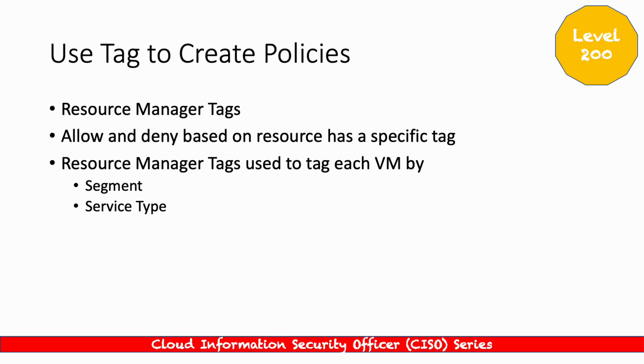What this allows us to do is allow or deny based on whether a resource has a specific tag. So let's say a resource has a specific type of tag. We can use that variable to determine whether we want to allow or deny that traffic, right? The resource manager tags are used in conjunction with the tags that exist on a virtual machine, by either segment or service type, right? Again, more granular, more options.